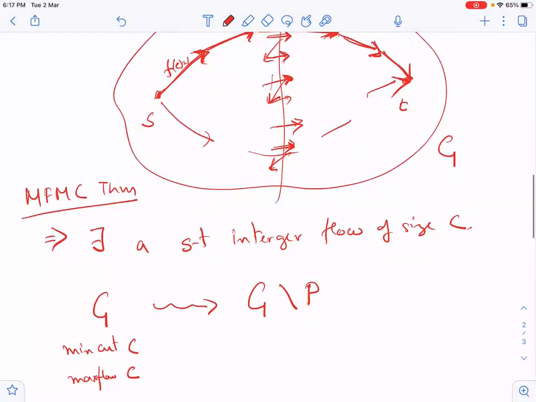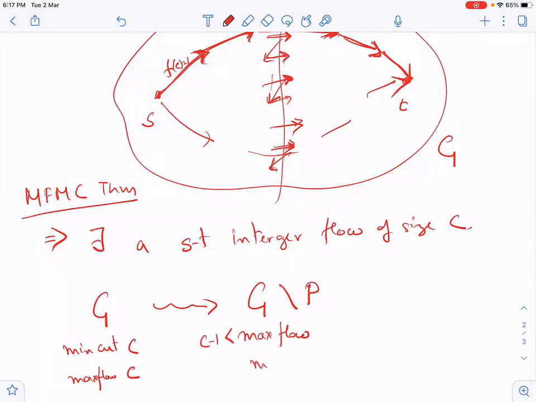What is this? So this one, how much does it have? What do you think is the max flow here? C minus 1. Actually, max flow is bigger than C minus 1 because I have just removed one unit, right?